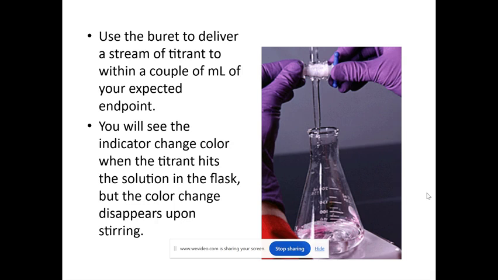That just means in that one little area you got that pH change that is indicated by the color. But once you distribute it through the whole flask, it's not quite there throughout the whole solution. So the idea is you want to hit that point where it turns color throughout the whole solution. And right before that is where you have the neutral point, so you don't want to tip over that too far.